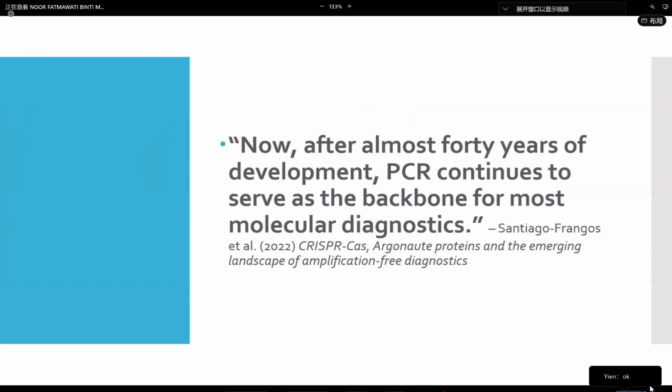Now, after so many years of discoveries in biomedical research and technology, it is still fair to say PCR continues to serve as the backbone for most molecular diagnostics. In fact, even for NGS, you need to validate your NGS with real-time PCR.